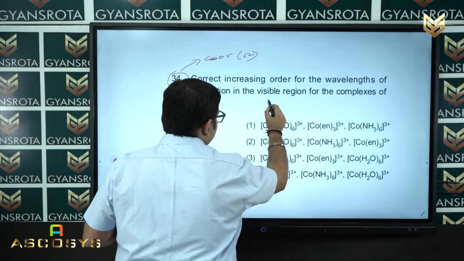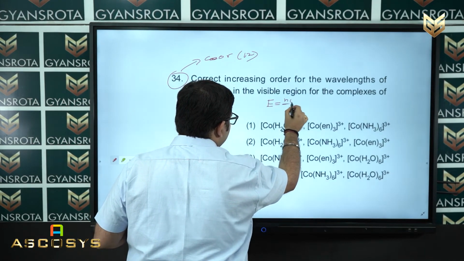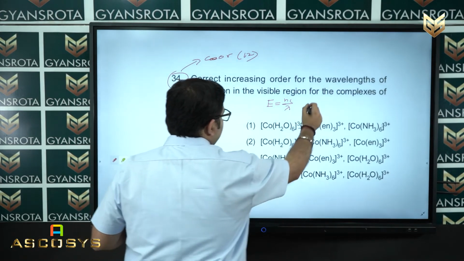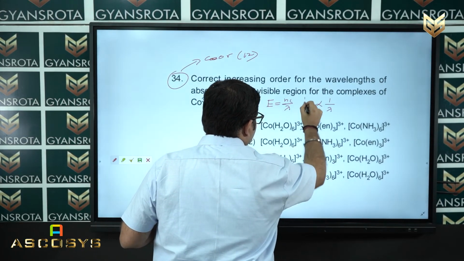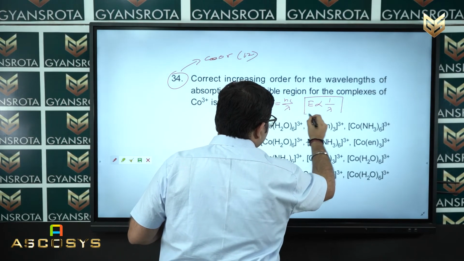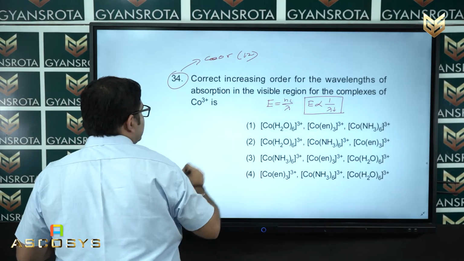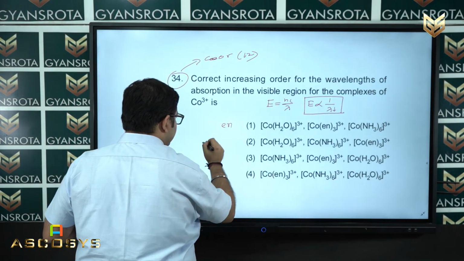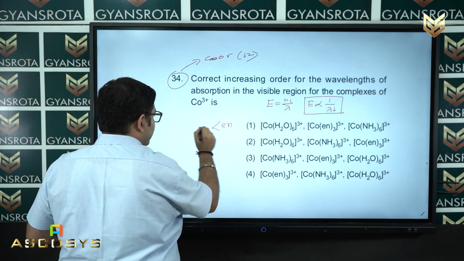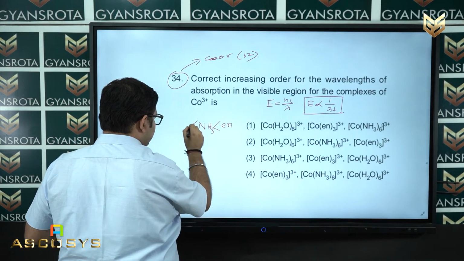First of all, you have to see that energy E is equal to hc by lambda. It means E is inversely proportional to lambda, meaning whichever has the higher energy has the lower lambda, that is the lower wavelength of absorption. Now, see the ligands: ethylene diamine, then NH3 and water.